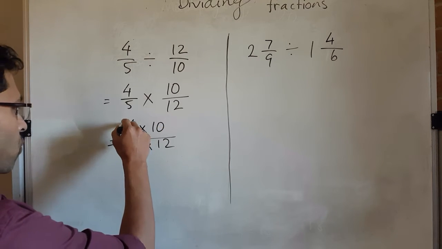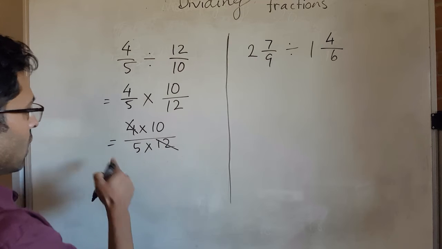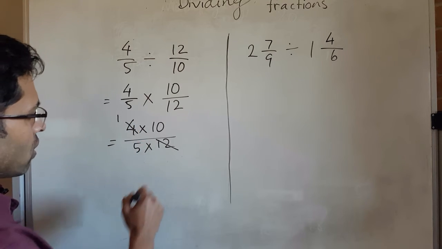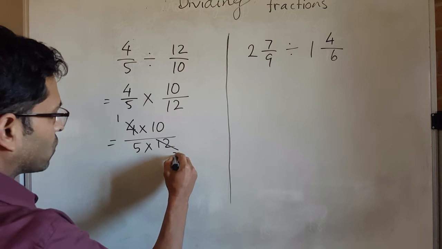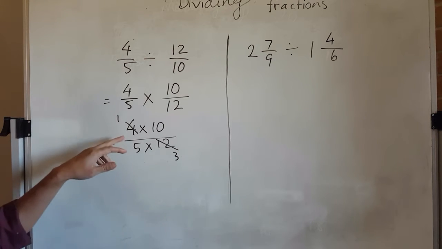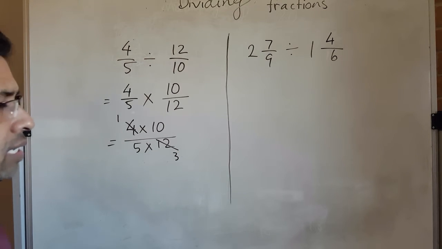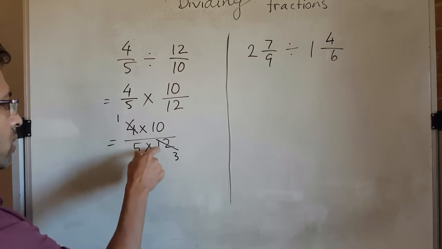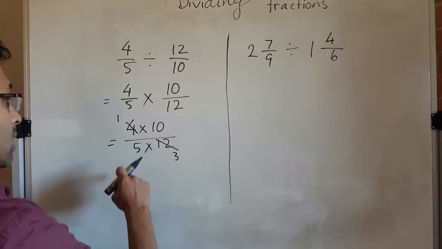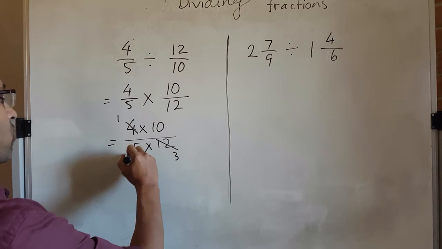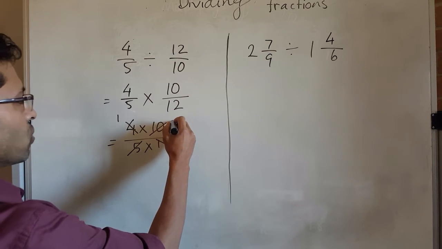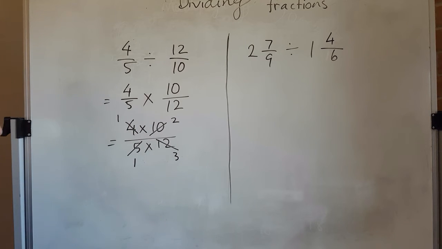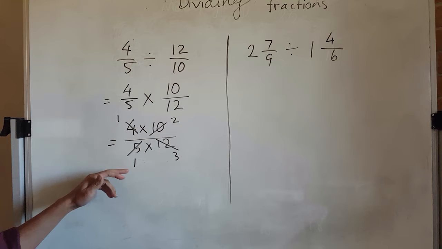It's obvious that for 4 and 12, 4 divided by 4 is 1 and 12 divided by 4 is 3. So I'm dividing the numerator and the denominator by 4, because 4 is the common factor between 4 and 12. In the same way, for 5 and 10, 5 times 2 is 10, and 5 divided by 5 is 1.